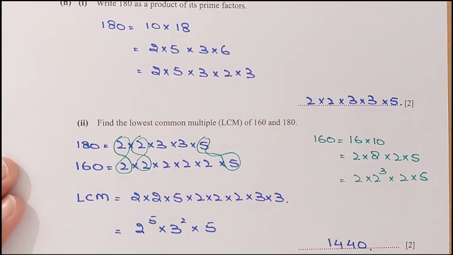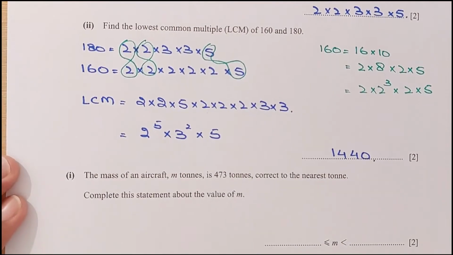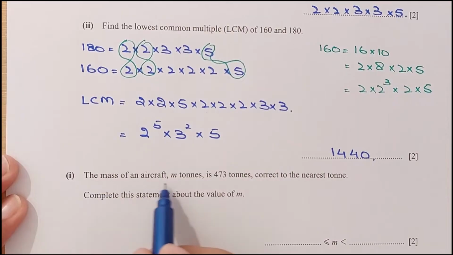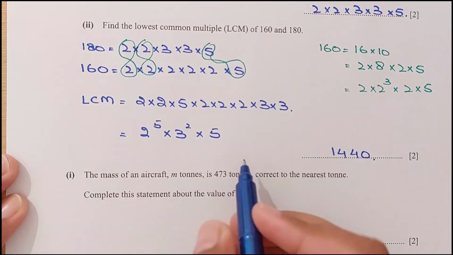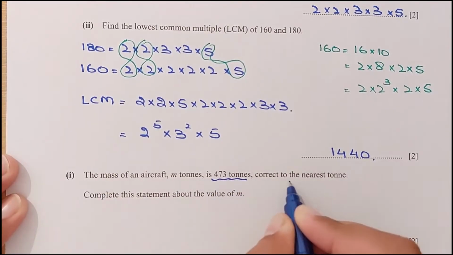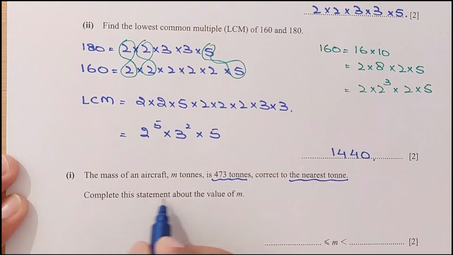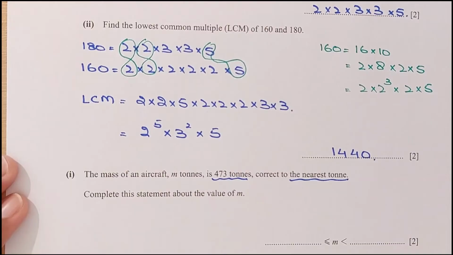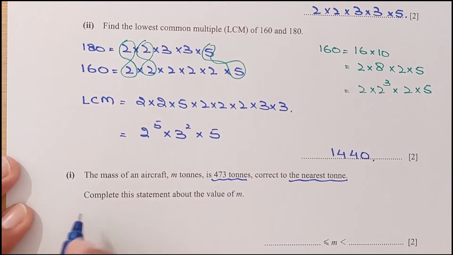Right. Now for part I. The mass of an aircraft, m tons, is 473 tons, correct to the nearest ton. Complete this statement about the value of m. We need to find the upper and lower bounds, the maximum and the minimum value.